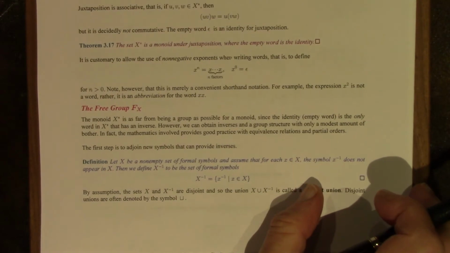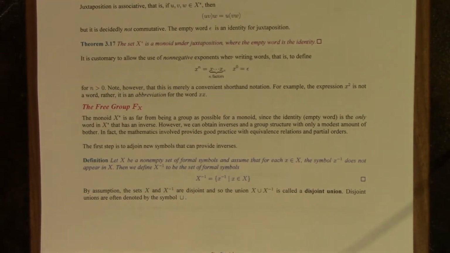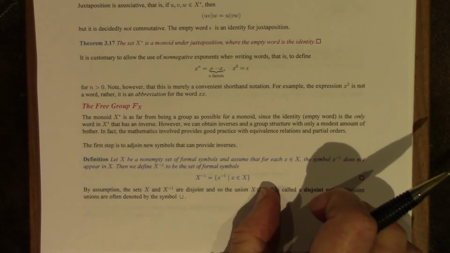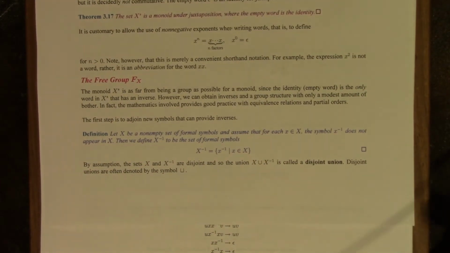But we can obtain inverses and a group structure with only a modest amount of bother, really. And what we're going to do involves both partial orders and equivalence relations.